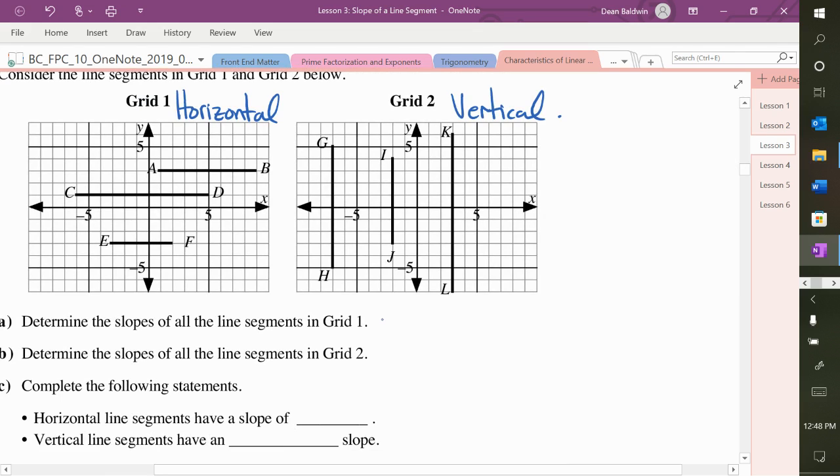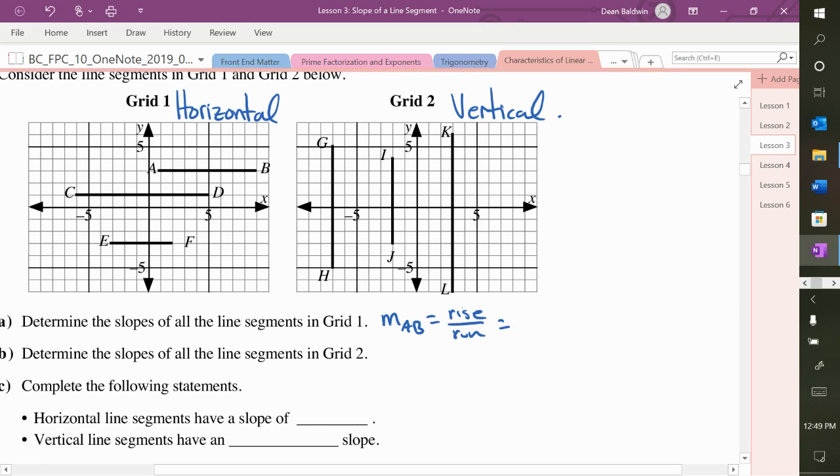We'll do AB. When I write lowercase m with AB as a subscript, that means the slope of line AB. So, slope is rise over run.